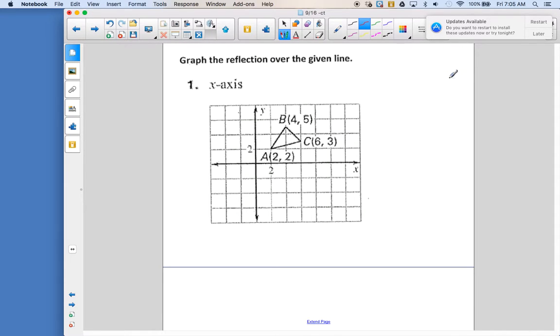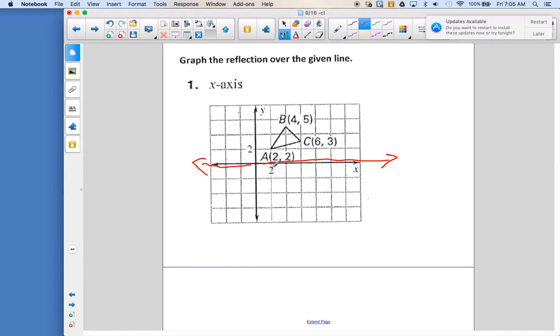Okay, so let's look at graphing our reflection across the x-axis. So first of all, I have to remember which one is the x-axis. And the x-axis is right here on the horizontal. Now this one's labeled, so I can actually see where it is, but I kind of go over that just to remind myself.